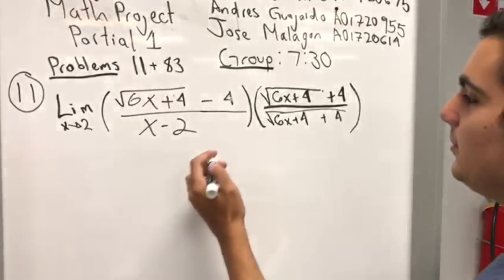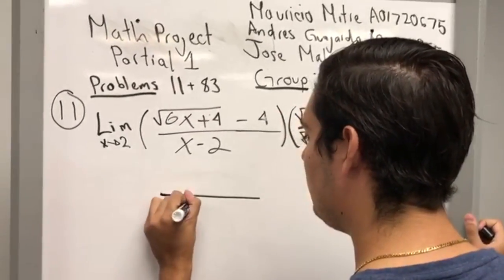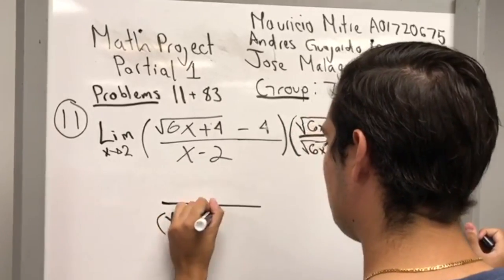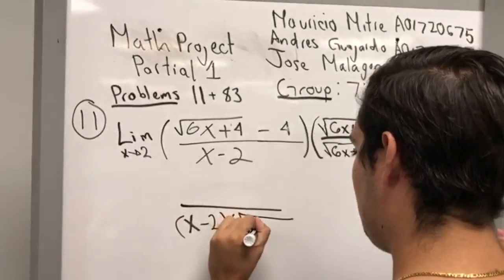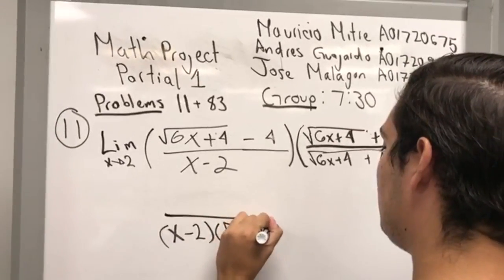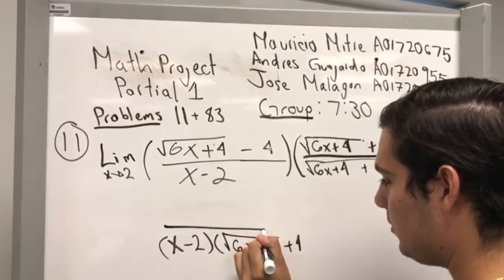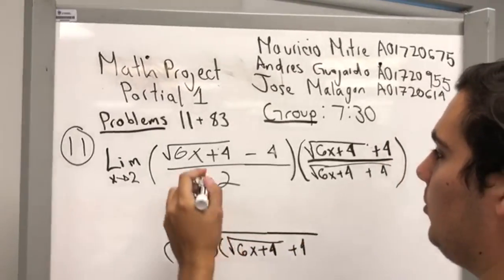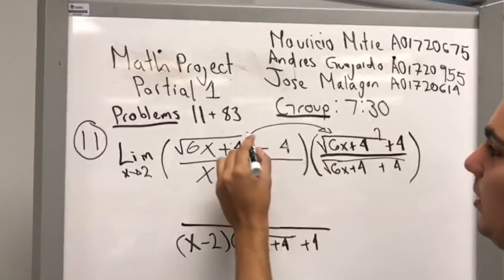So we multiply x minus 2 times the square root of 6x plus 4 plus 4, and then we multiply this by this, which makes it squared.